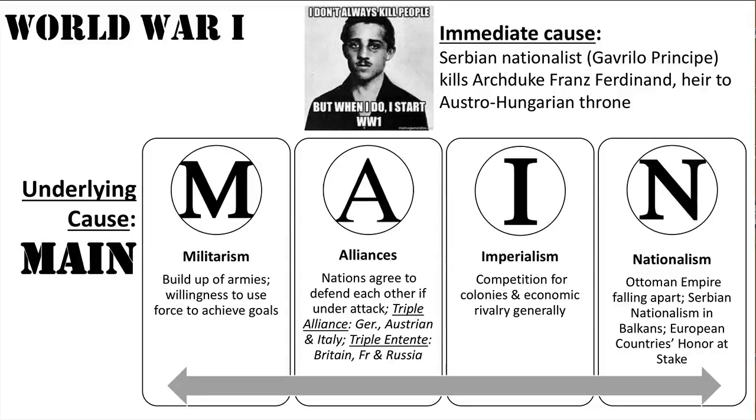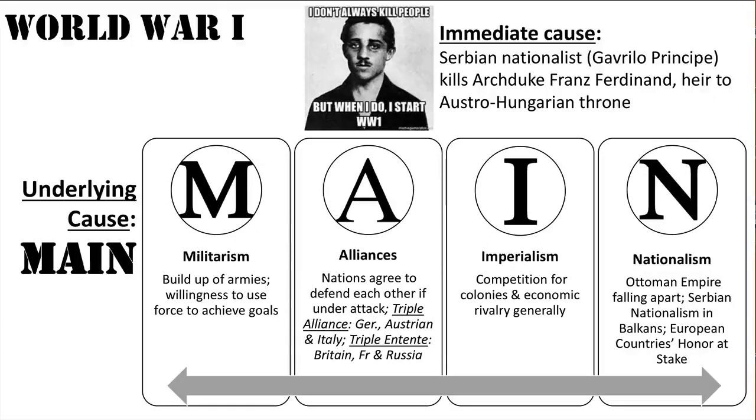They're very strong militarily, and all of them have a kind of aggressive foreign policy, and they're ready to fight. They're kind of primed for it. They're willing to use force to achieve their goals. They're very tough. So that's militarism. It's pretty straightforward; the word military is in militarism.